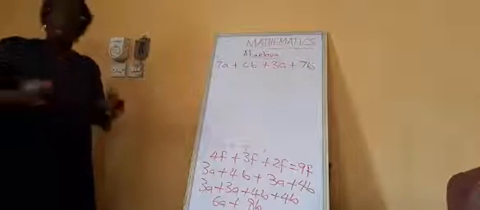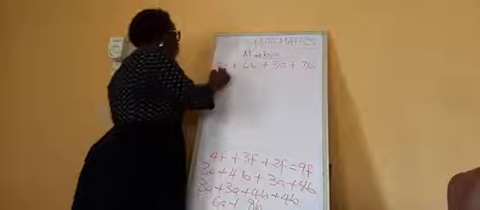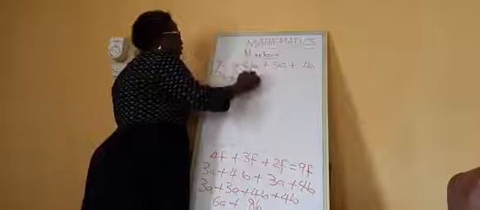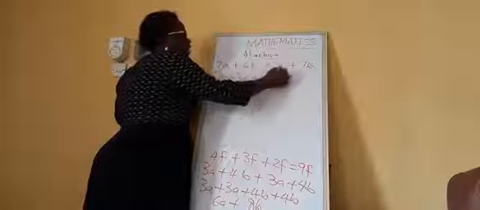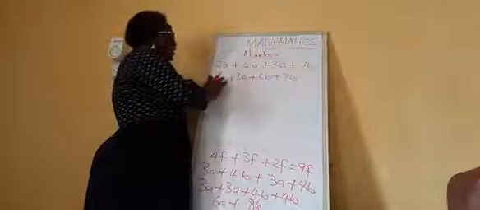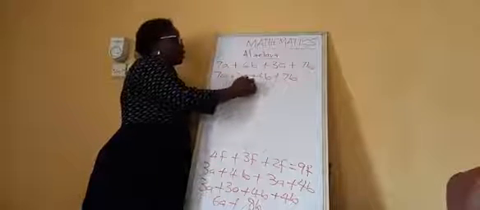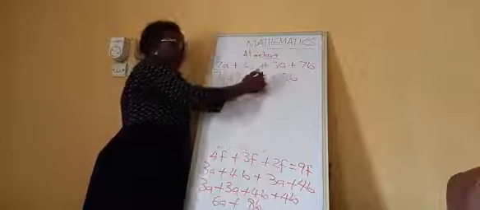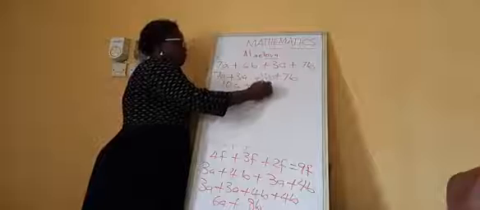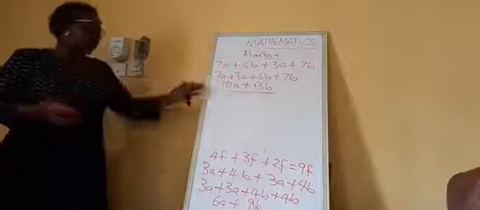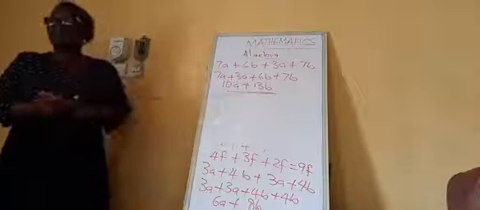Collect like terms. That's good. So that you have 7A, then plus 3A, then plus 6B, plus 7B. So when you have 7A and 3A together, you obtain what? 10A plus 6B plus 7B, which is 13B. That's the final answer. You cannot add further, so you leave it like this.